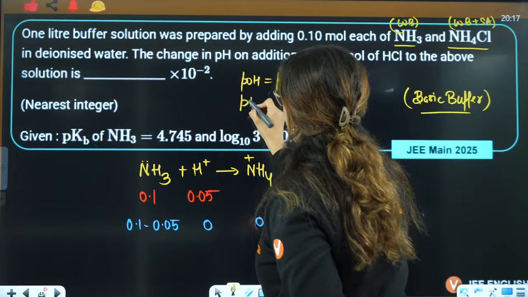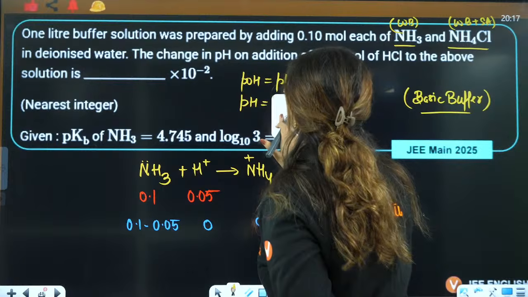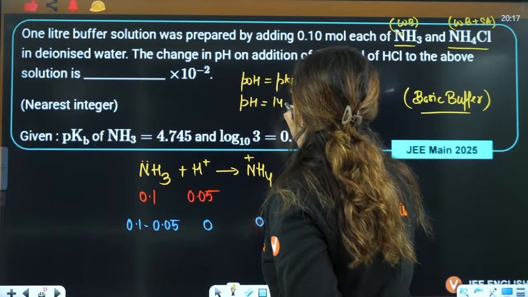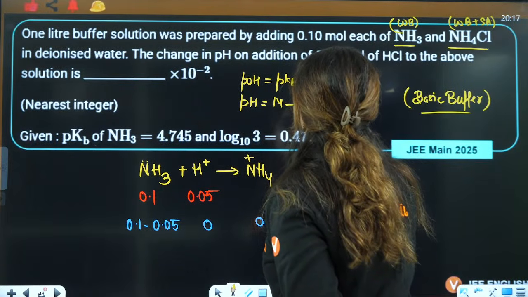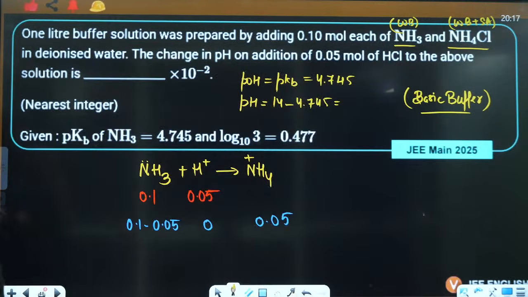So pH is equal to 14 minus 4.745. This is the initial pH. Okay, this is going to be the initial pH here, right?